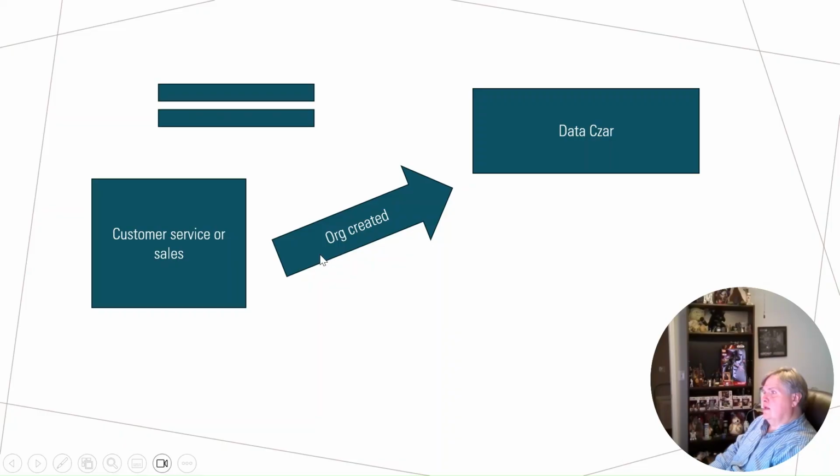So the goal is to have your customer service type in the information, the org's created, and then it's approved by the data czar.